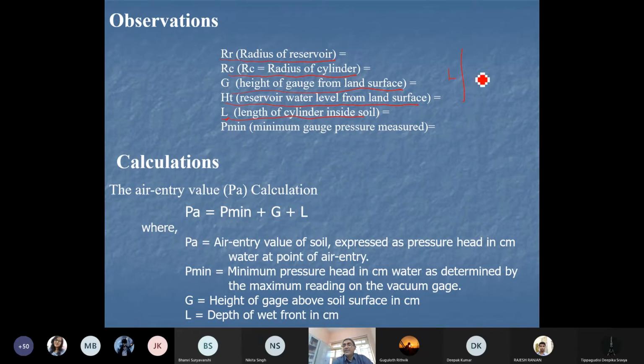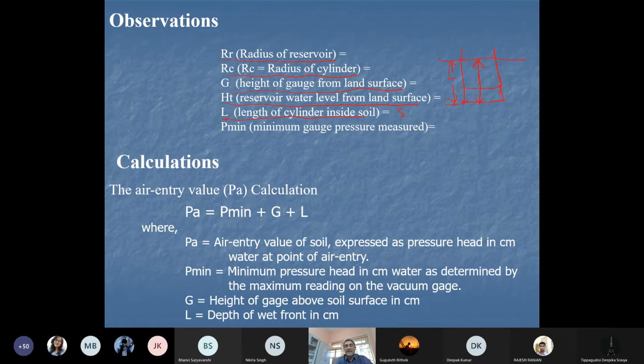That is, we have measured the cylinder is up to this only, but the water front has moved suppose up to this. So this is the length of soil from which we are measuring the hydraulic conductivity. So L is the length of soil or water front up to which water has moved. So we are simply assuming that it is the hydraulic conductivity of this length of soil that we are calculating.